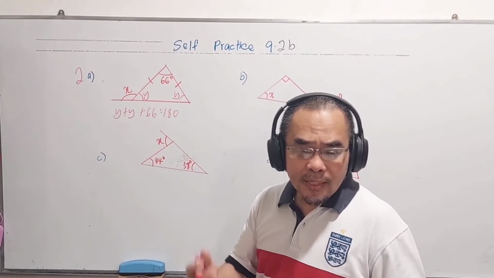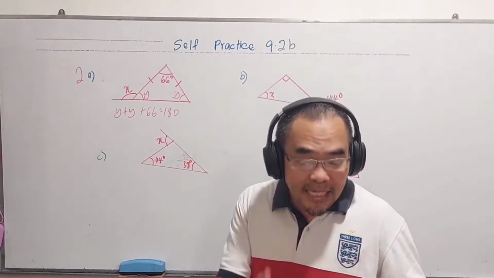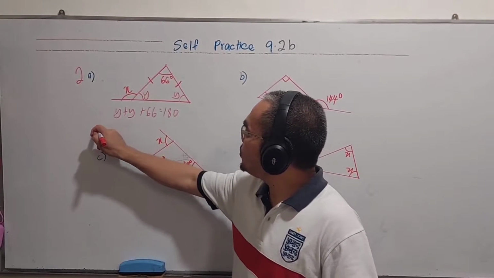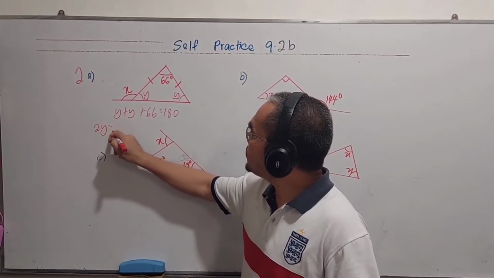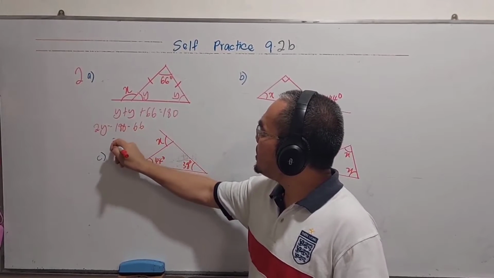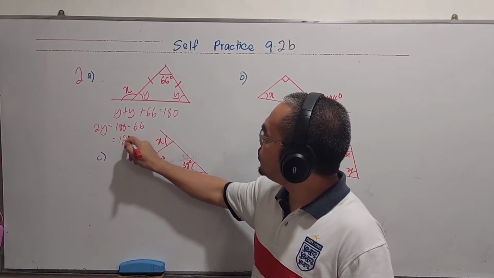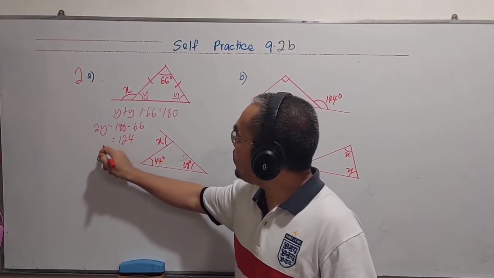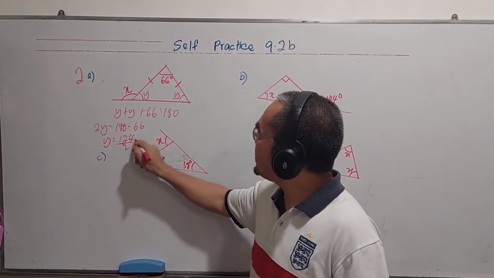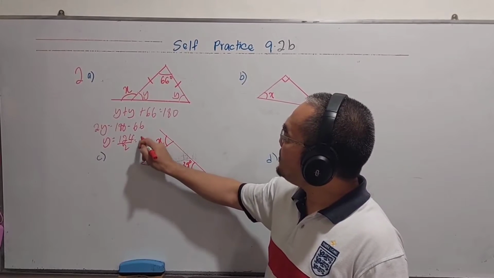Solve the equation that we get from the total angle in a triangle being 180. So here is 2y equals 180 minus 66, which is 114. So y is 114 divided by 2, which is 57.